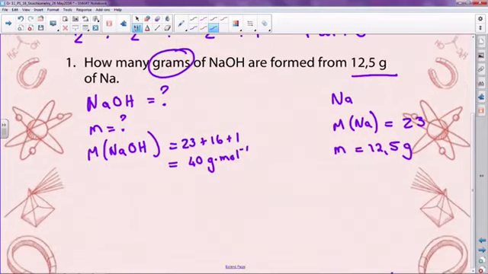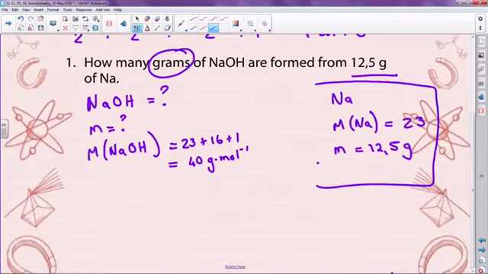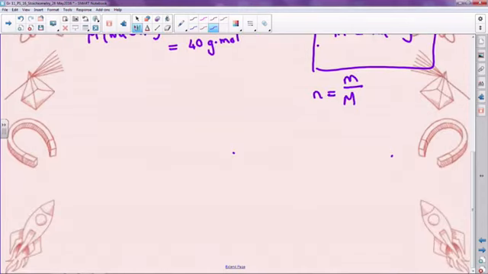Now I need to calculate moles. But the only one I can calculate moles from is my sodium. So let's go. Sodium, moles equals mass over molecular mass. My mass is 12.5 and my molar mass is 23.